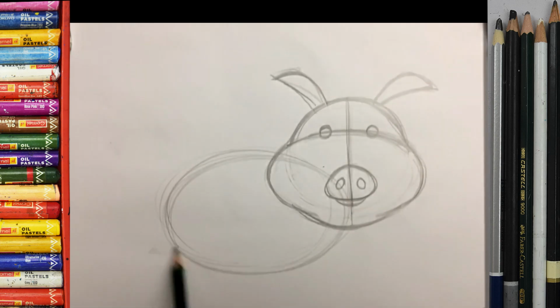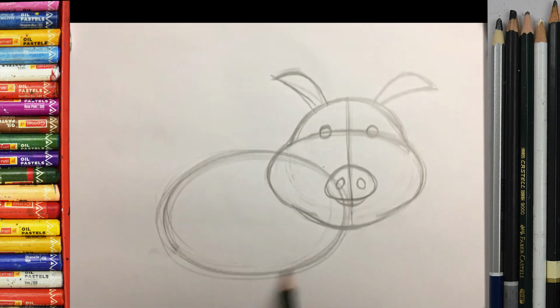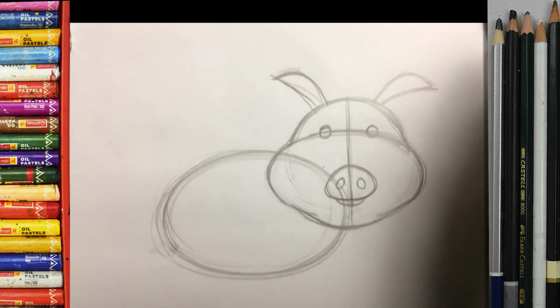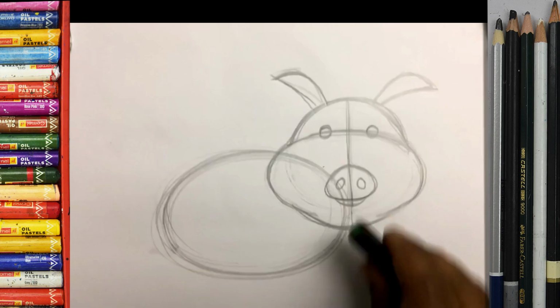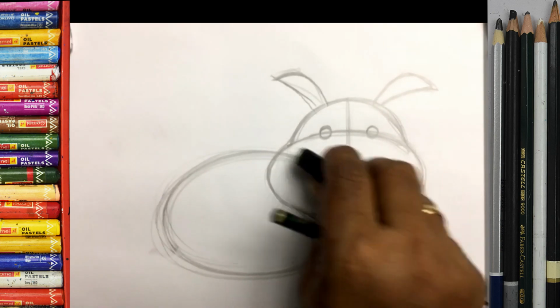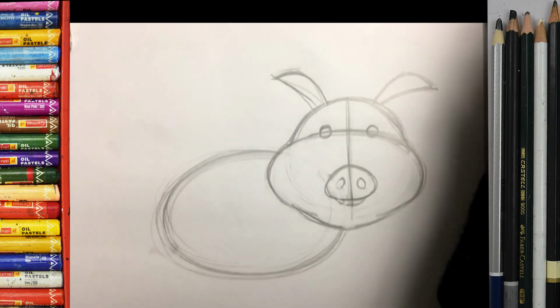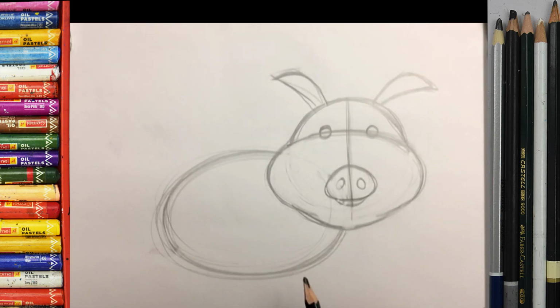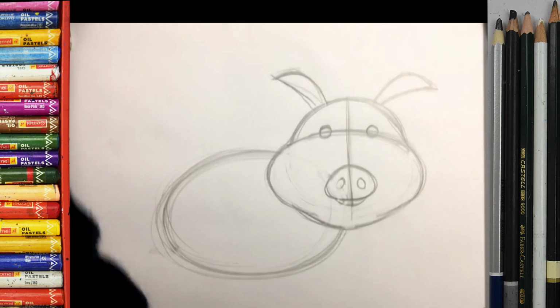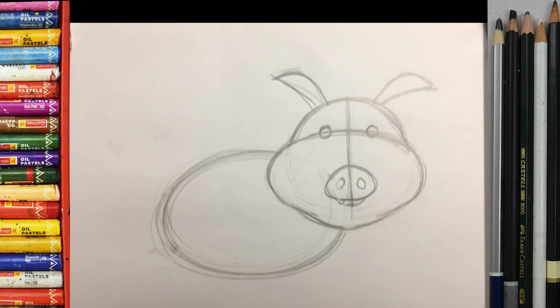Big oval. And you must erase this oval inside the mouth. Yeah, you can make the other side, upper hand. Very simple. Make the oval like this.